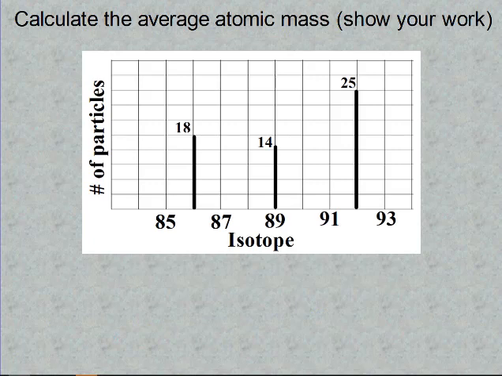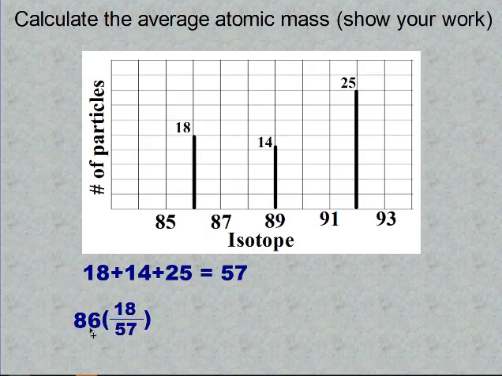Go ahead and pause the video, try this one on your own, restart when you have an answer. So the first thing you should have done is added up how many particles you have all together. So we had 18, 14, and 25, which gave us 57 altogether. The first isotope mass is between 85 and 87, so 86.